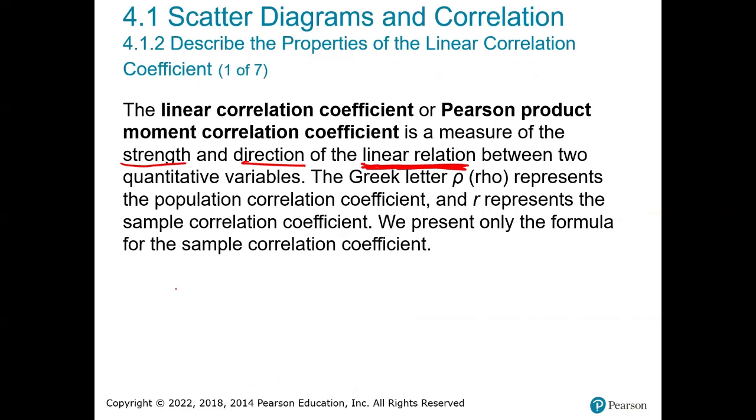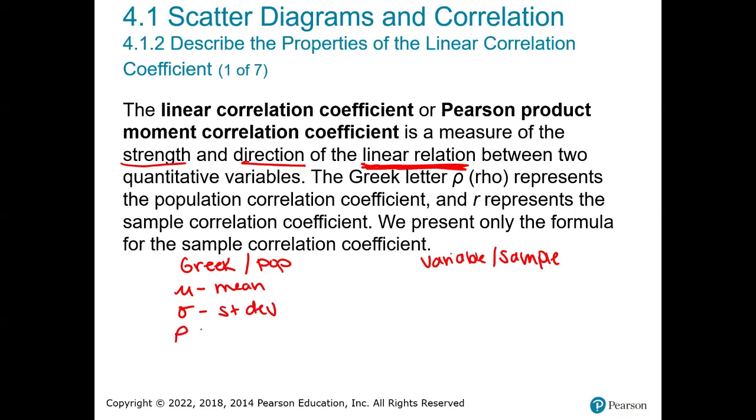And just like every other one done so far, we have Greek values for our population and regular variables for our sample. Okay, so I'm going to go back here and review a little bit with you. Mu was the mean of the population. Sigma was the standard deviation of the population.